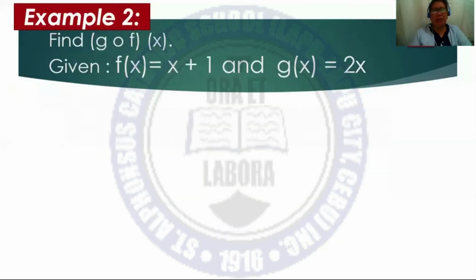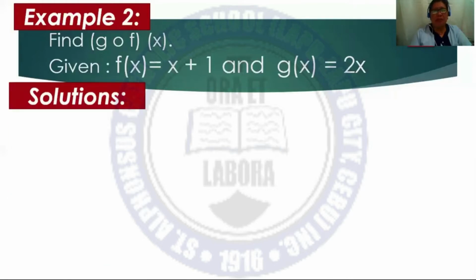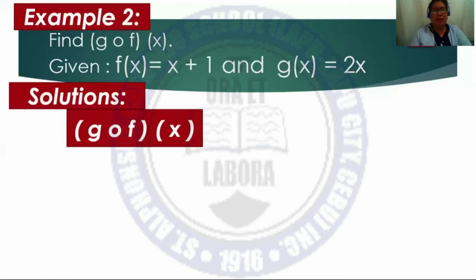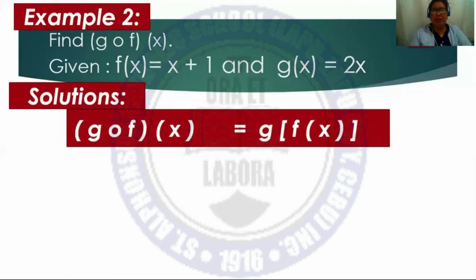Example number 2: find g circle f of x. We have the same given: f of x is equal to x plus 1 and g of x is equal to 2x. Solution: g circle f of x can be written as g of f of x, wherein g now is our outer function and f of x is the inner function.